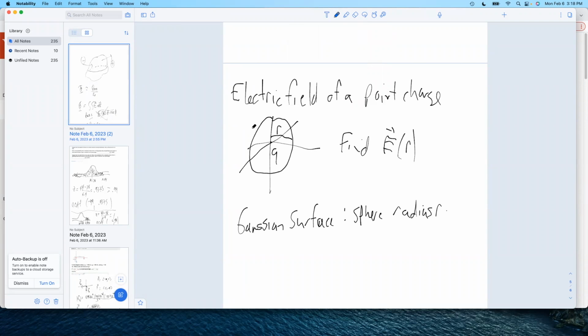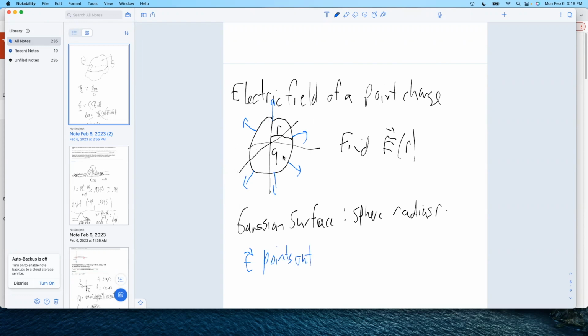But we know the electric field points away from positive charges. So let's draw that in. So that's E, and that points out.